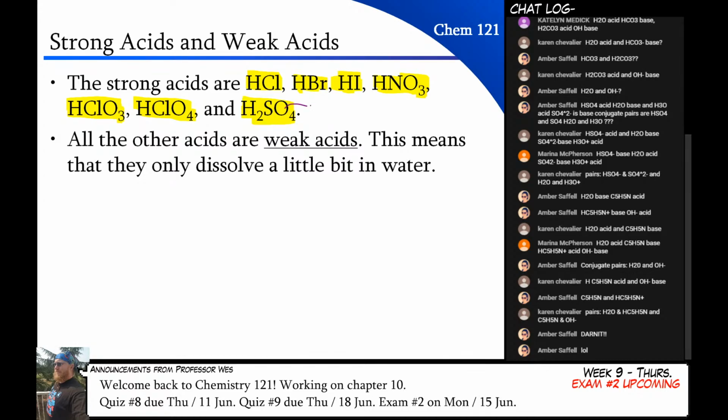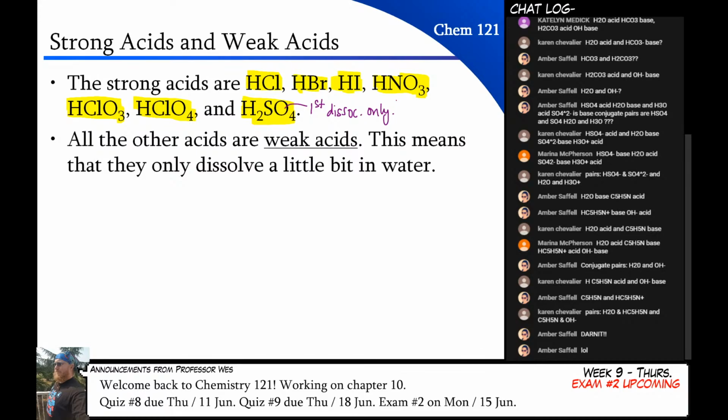Specifically for sulfuric acid, it's the first dissociation only. If you are not one of these 7 acids, you are a weak acid.